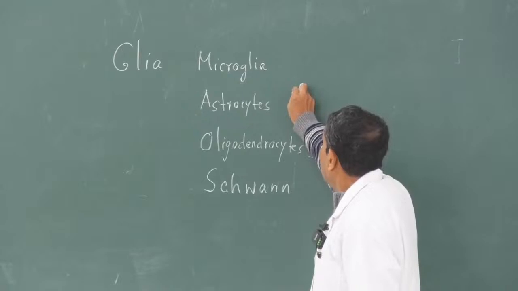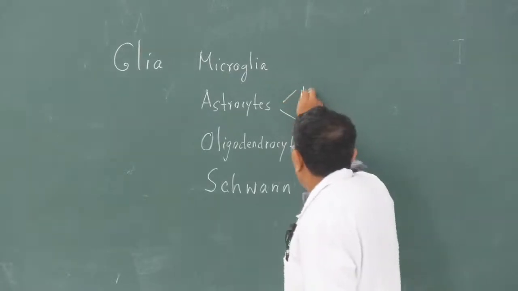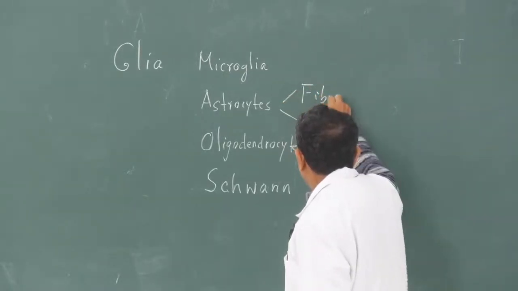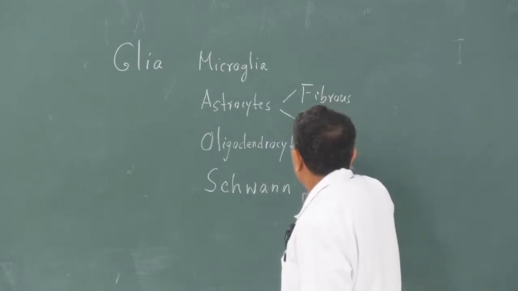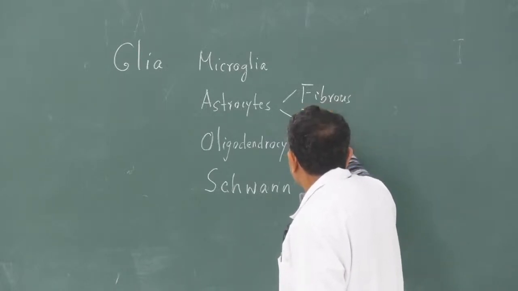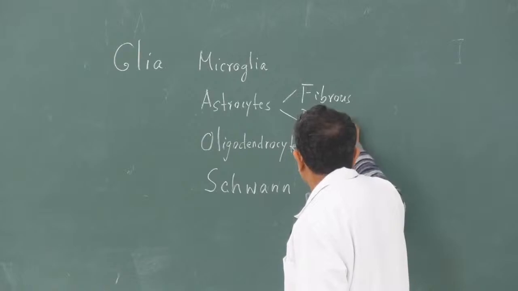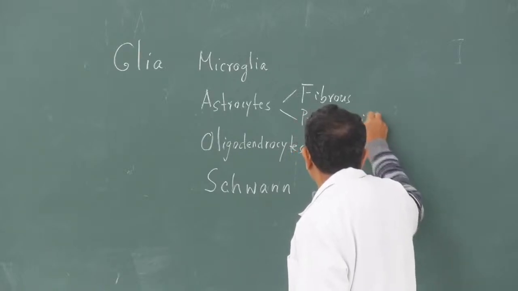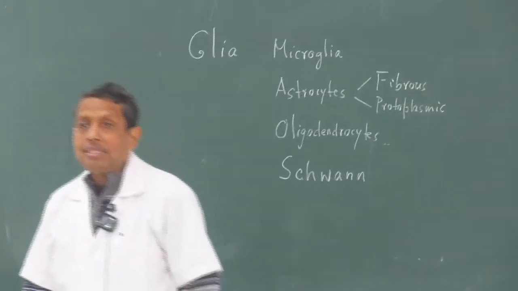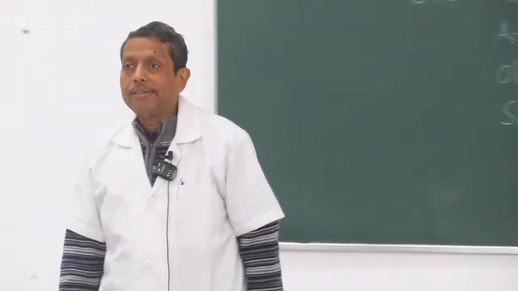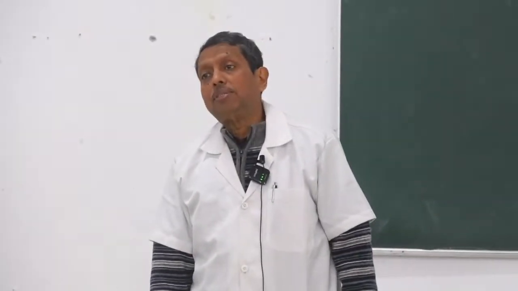And astrocytes are of two types: fibrous astrocytes and protoplasmic, or granular, astrocytes. And these are the glial cells, 10 to 50 times the number of the neurons.